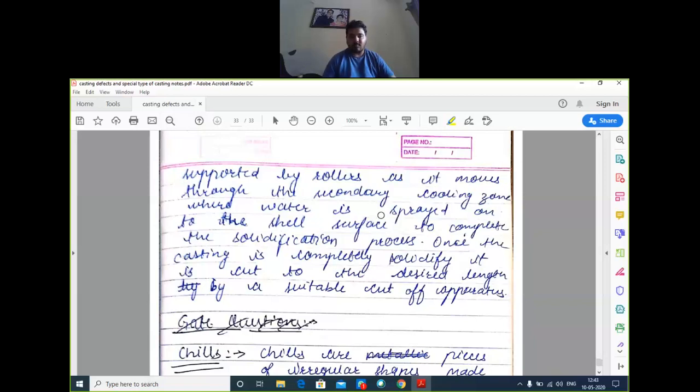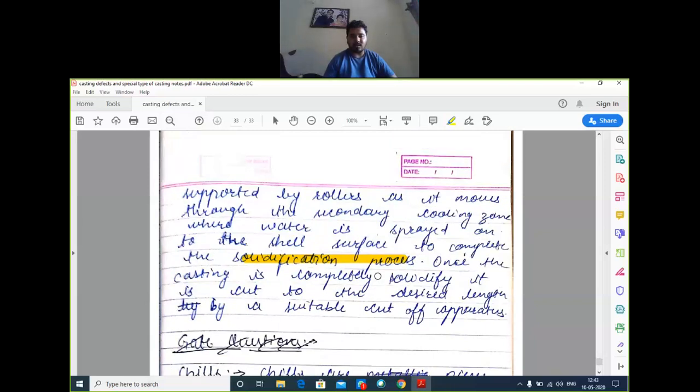The water is sprayed on the shell surface to complete the solidification process. Once the casting is completed, the solidified product is cut to the desired length by a suitable cutoff apparatus.